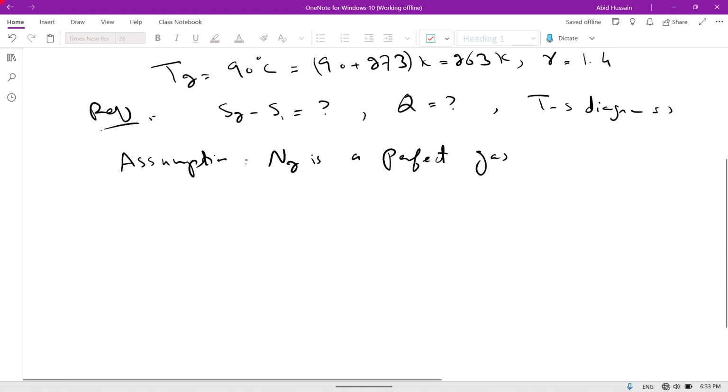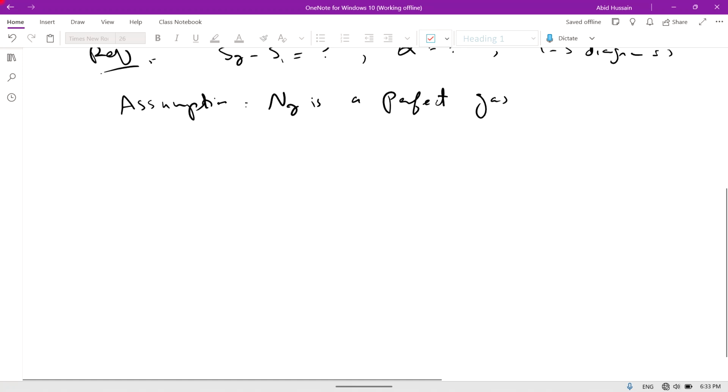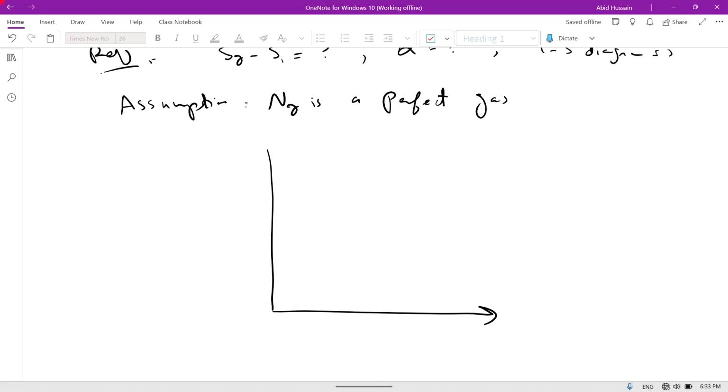So first we find S2 minus S1. First we draw the TS diagram. This is a perfect gas, so temperature in degrees centigrade and entropy in kilojoule per kilogram per Kelvin. Initial temperature T1 is 15 degrees centigrade, equal to 288 Kelvin. Final temperature T2 is 90 degrees centigrade.